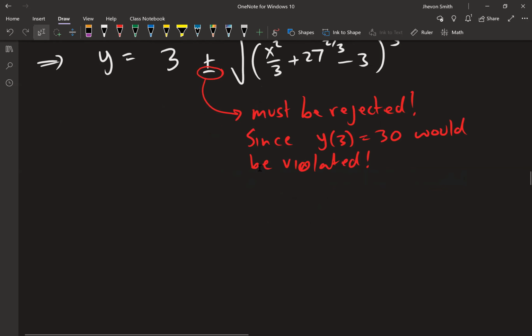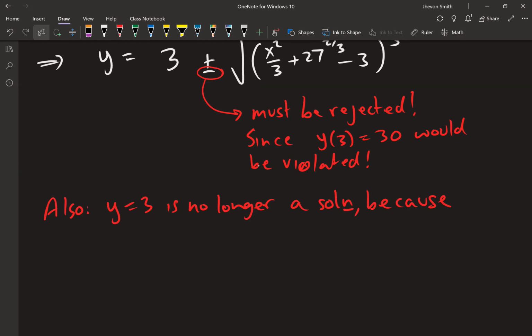So that's the solution. Also, you can check y equals 3 is no longer a solution. Because again, that would violate the initial condition.